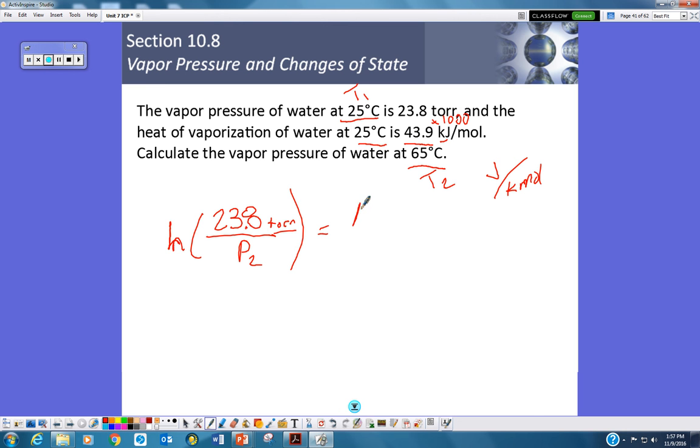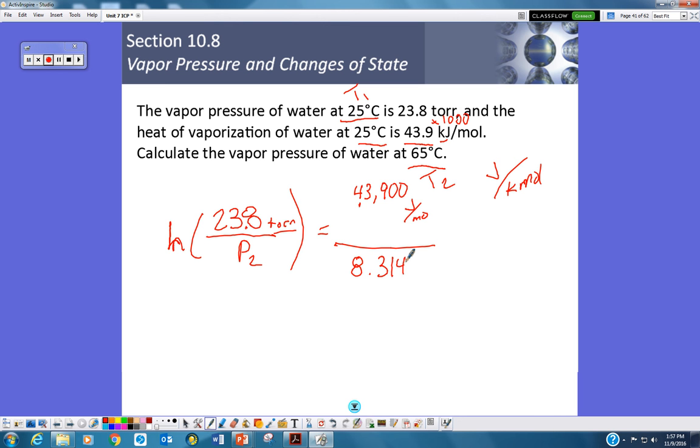So that's going to be equal to delta H, which is 43.9, so 43,900 joules per mole, over our R, which is 8.3145 joules per mole K. I don't know why I wrote the delta H there. That's just in the way.